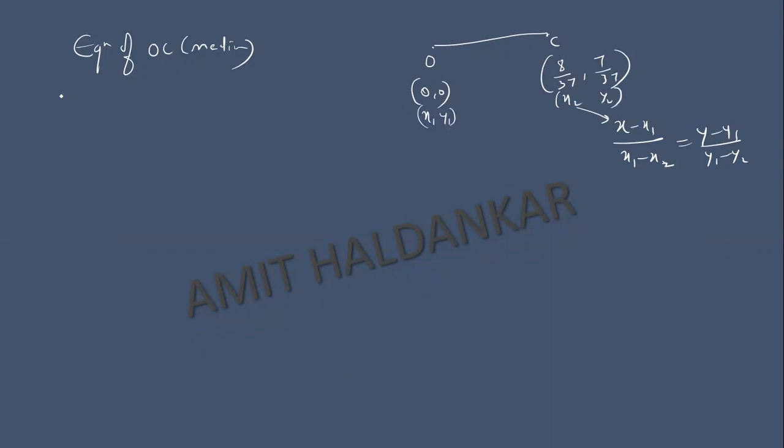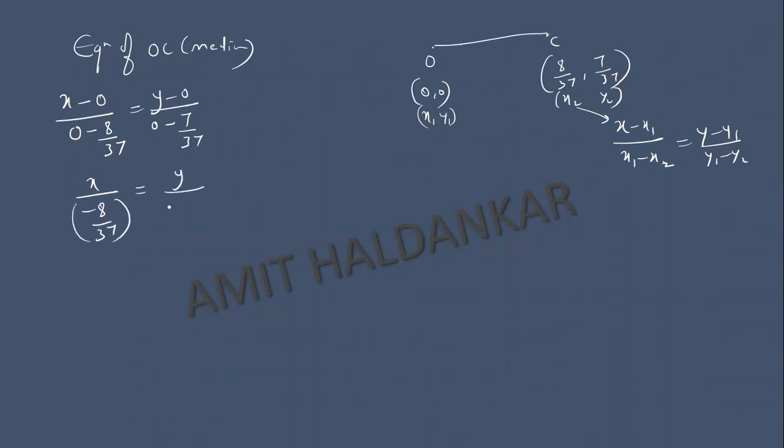So the equation of OC will be x minus x1. x1 is 0. x1 minus x2 is 8 by 37. Y minus y1 upon y1 minus y2, that is 7 by 37. So x upon minus 8 by 37 is equal to y upon minus 7 by 37.